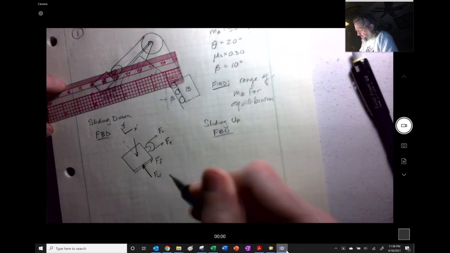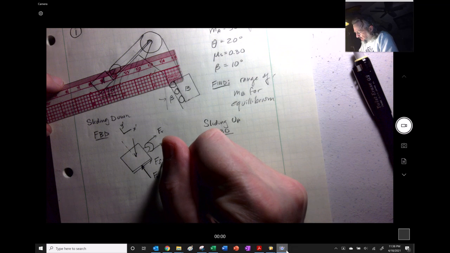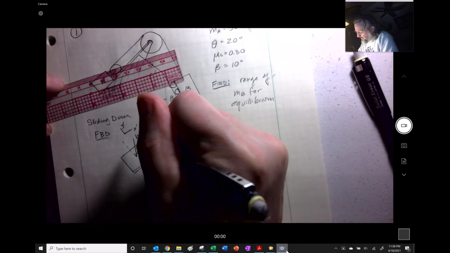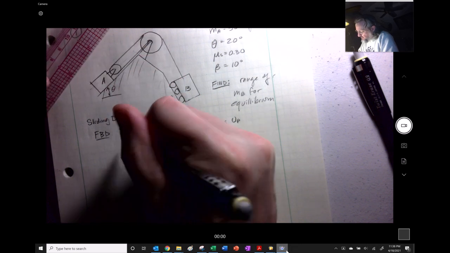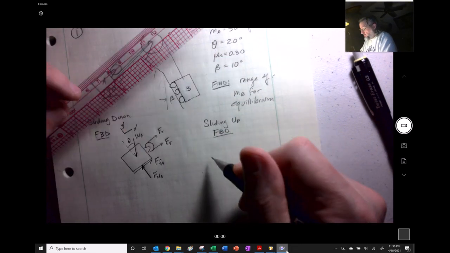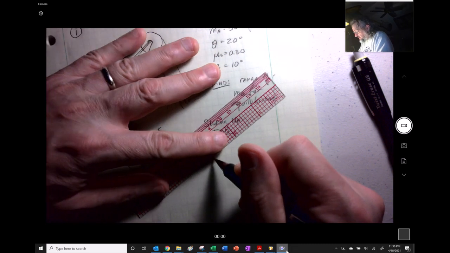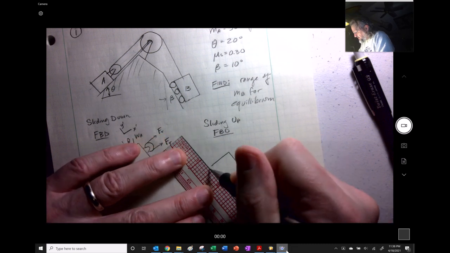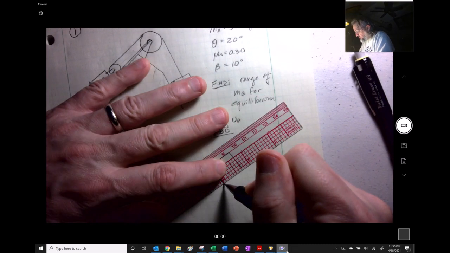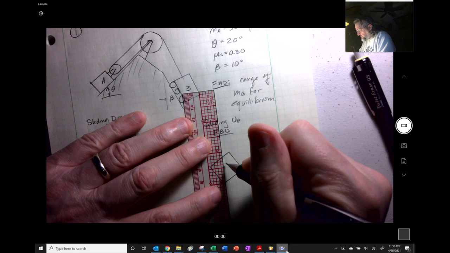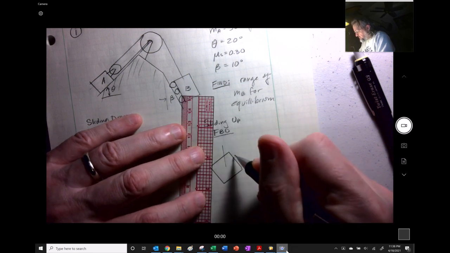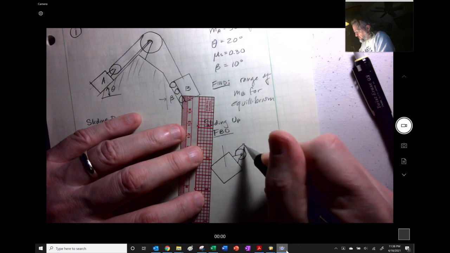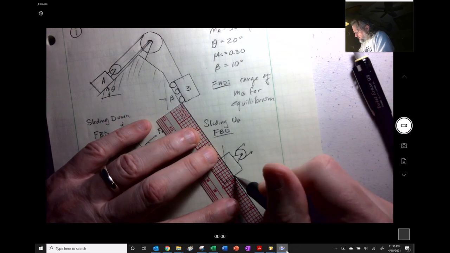Let me put these other things in here. Here's N, and I might call this A. Here's the weight of A, and here's my angle theta. Maybe it's better to separate these out instead of trying to use the same FBD for both of them. So here we go.